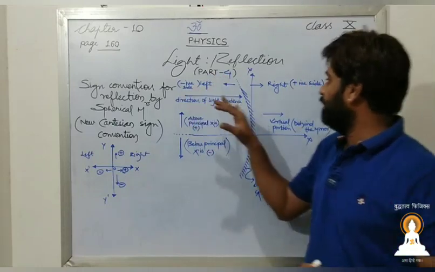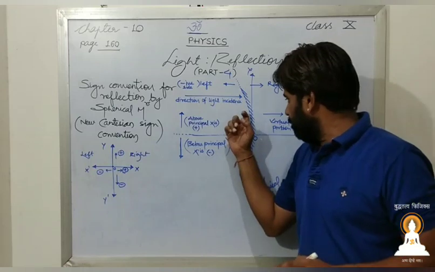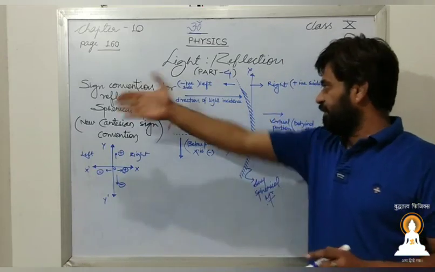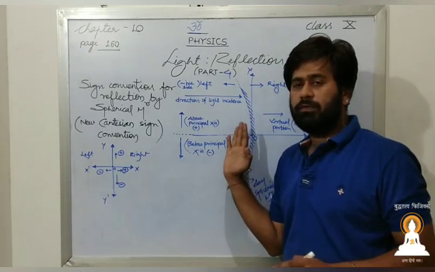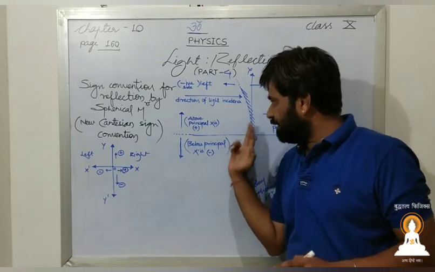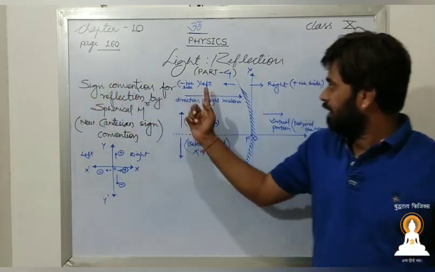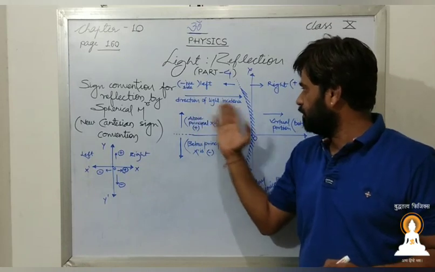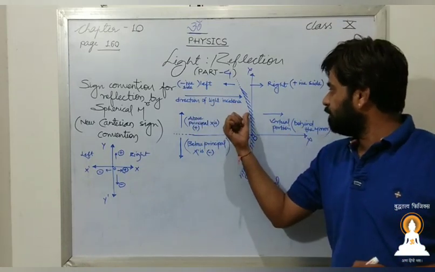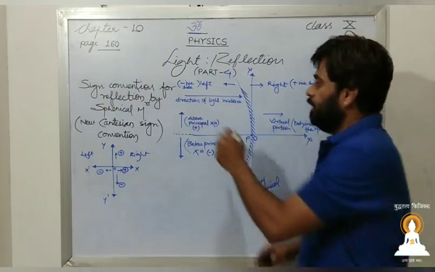Now, the very first thing, as I have already discussed, is that the reflecting part will always face towards the left, whether it is a concave or convex mirror. So the direction of light incident on this will be from left to right.